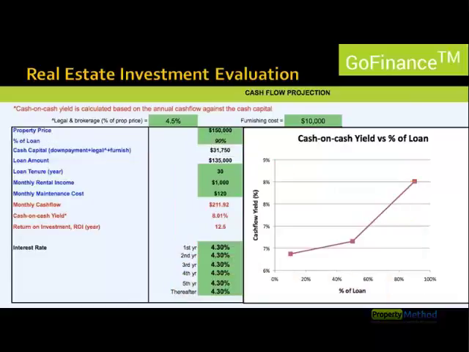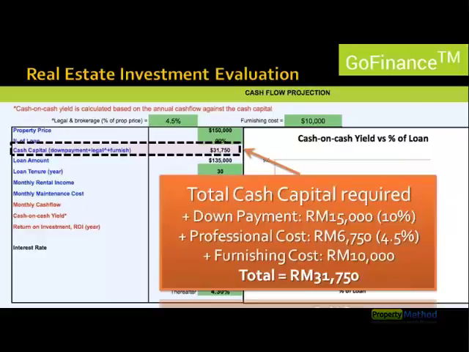Okay, the next field that we see here is not green color, so it's not an input. It's just a computed number from the spreadsheet. The total cash capital required. So here it shows the total cash capital required from us to invest in order to buy this property.